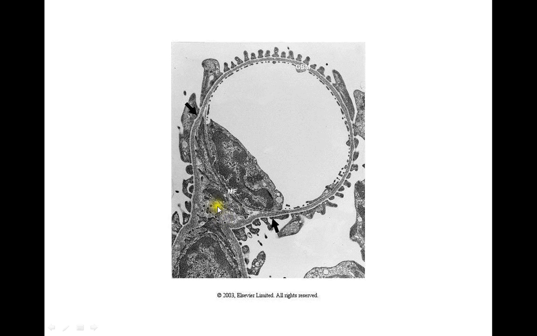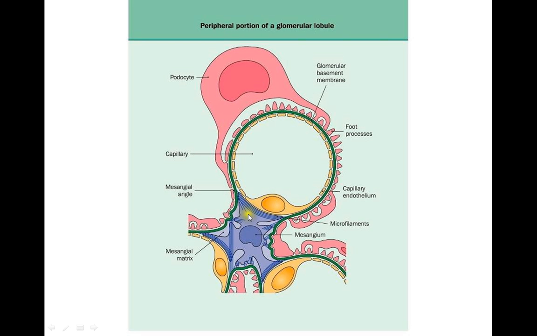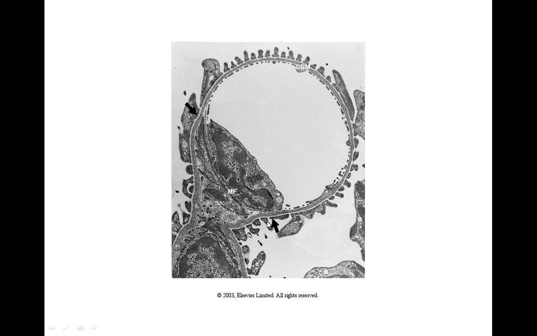Here you have a mesangial cell, and these are the microfilaments, shown by MF here, which give the mesangial cell its contractile ability.